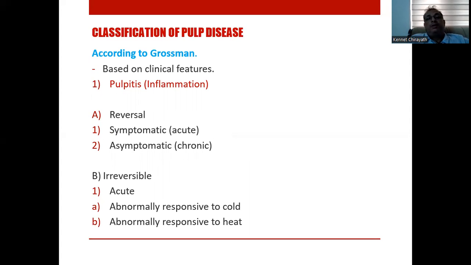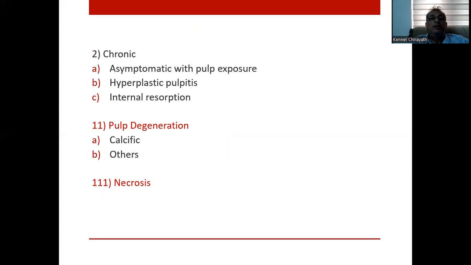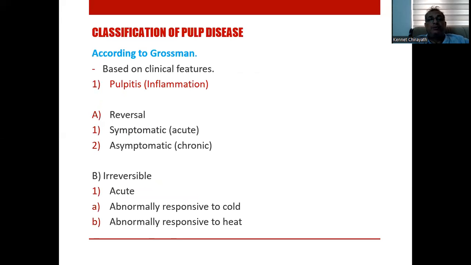Classification of pulp disease. According to Grossman, it is based on pulpitis, that is inflammation, reversible and irreversible, then pulpal degeneration and necrosis. Pulpitis can be reversible or irreversible, symptomatic and asymptomatic.